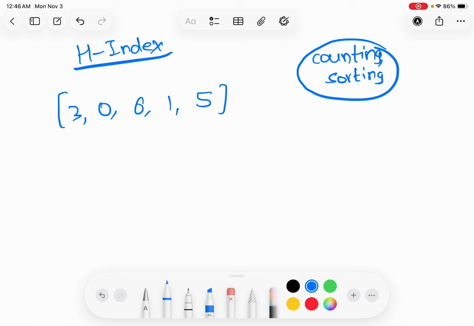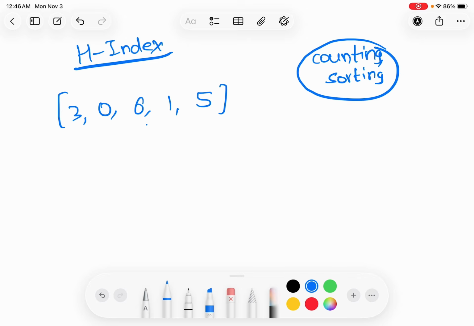So how do you go and find it? Let's start from 1. Is there at least one paper which has been cited at least 1 time? Yes, we do have that. Let's go to 2.